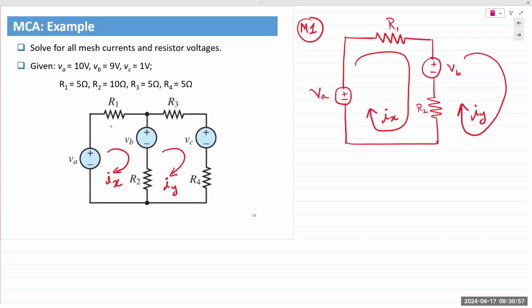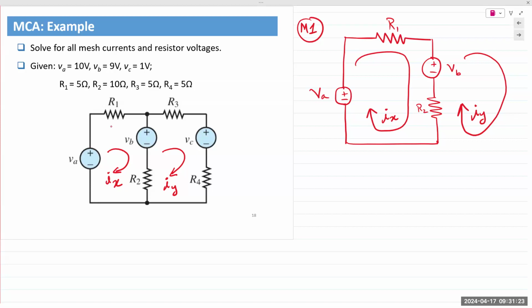So how many components? Once you finish drawing, let's take a pause. If it's a current source, we ignore the current source. Current source will come on the next slide. How many voltage sources and how many voltage drops? Total.